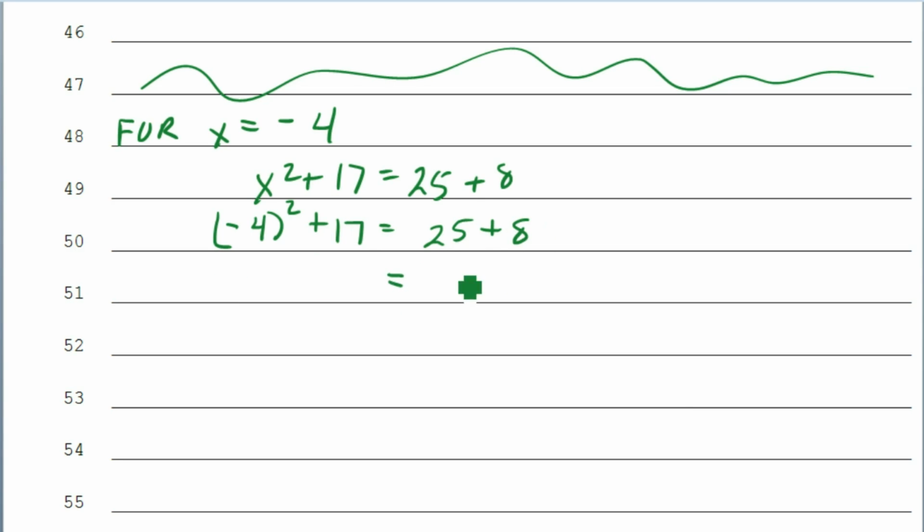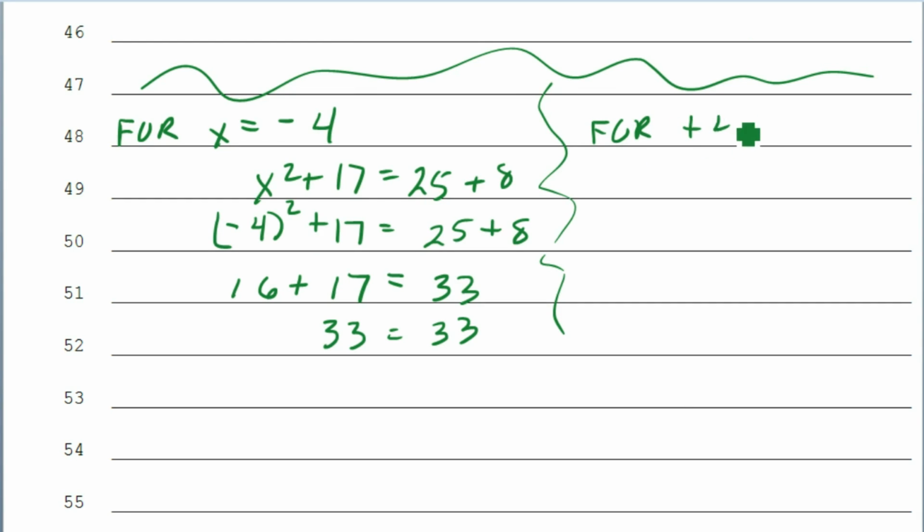And what is 25 plus 8? We got 33. Minus 4 squared is a positive 16 plus 17. And going all the way to the end, 33 does equal 33. So minus 4 is a solution. And you have to check plus 4 as a solution.